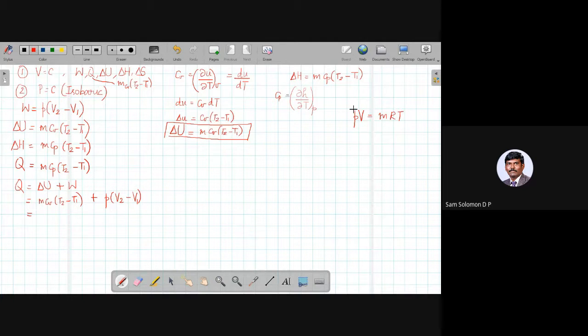So for PV I can replace with mRT. Pressure is held constant, so you can write this in two steps. No change in mcv into T2 minus T1. Here this can be written as P2V2 minus P1V1. There is no harm in writing like this because pressure is held constant.